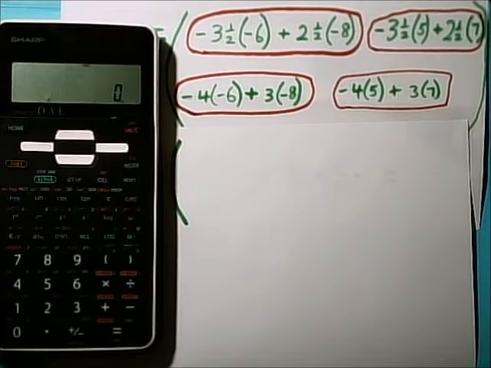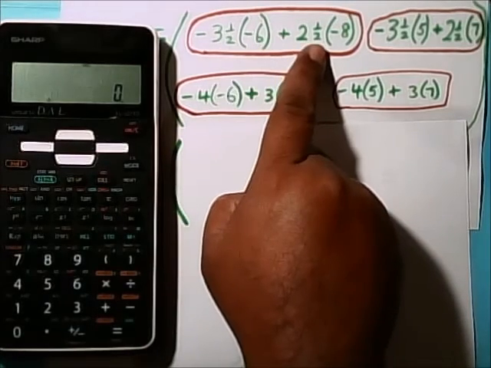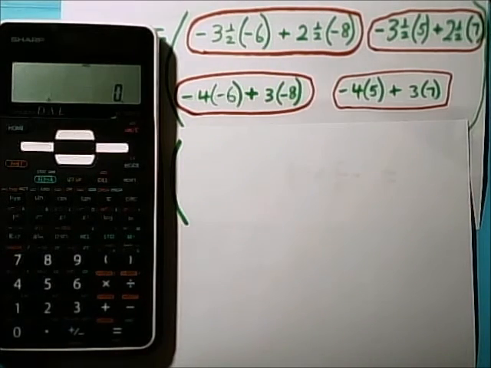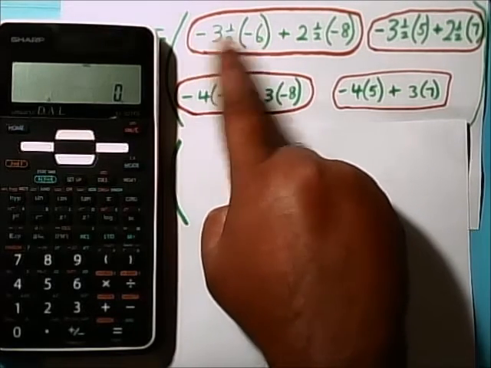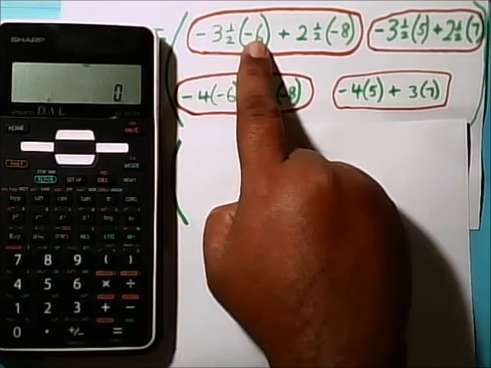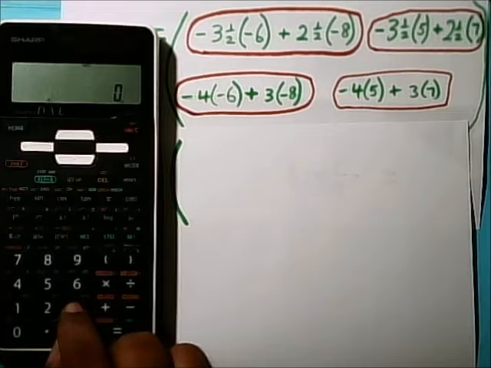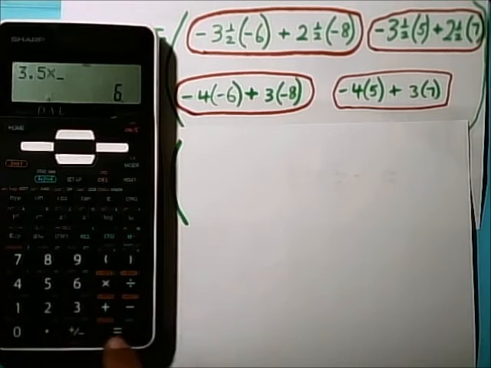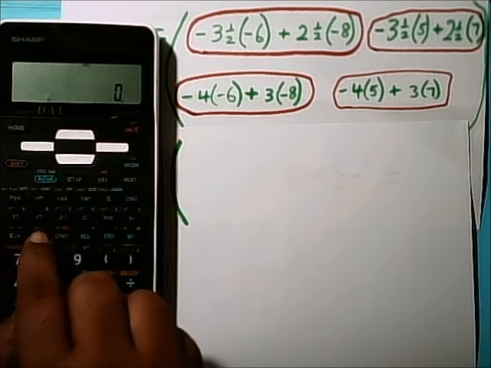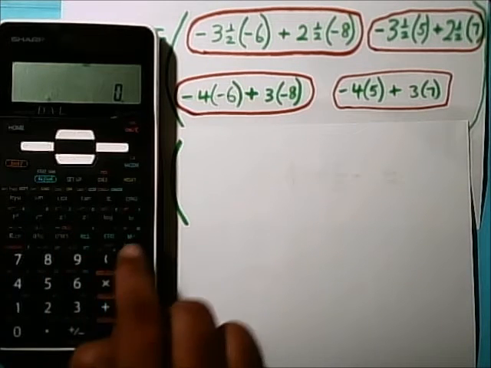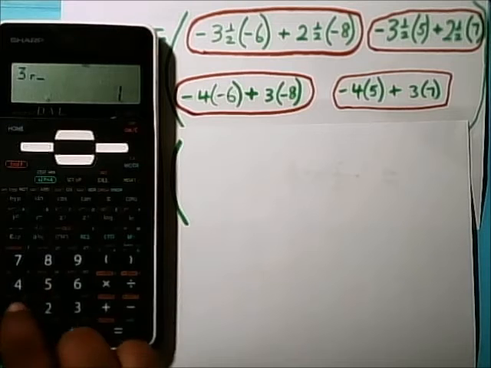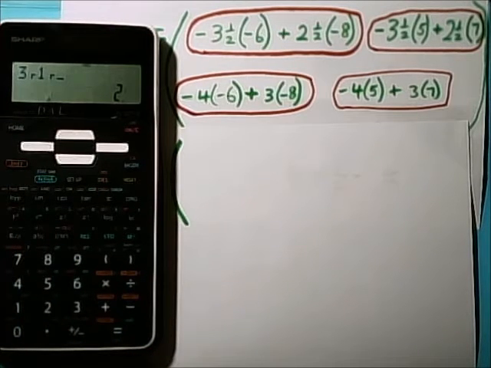Okay, so we're continuing here now. You're going to work this out using the calculator. I'll show you how it's done. Forget the negative signs; a negative by a negative gives me a positive answer. So I'll just work out 3.5 times 6, and you get 21. You could use the fraction button too: 3, fraction, 1, fraction, 2, that's 3.5 times 6, and you still get 21.